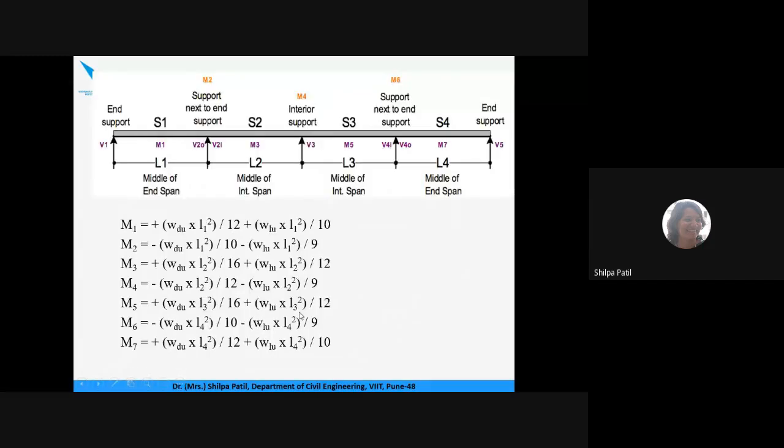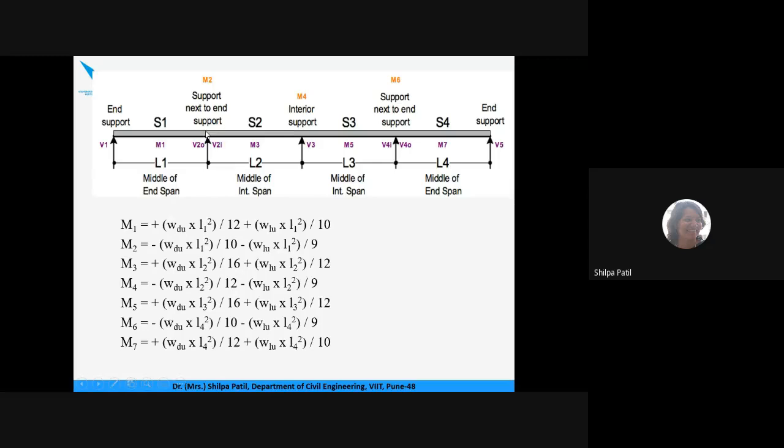This is just one example I have taken to explain how the formula comes out. I have considered an example of a 4-span slab. There are 4 spans, S1, S2, S3, S4. For these spans, we need to calculate the bending moment, a total of 7 bending moment values. How 7? For S1, the moment at the middle, which is a sagging bending moment, M1.